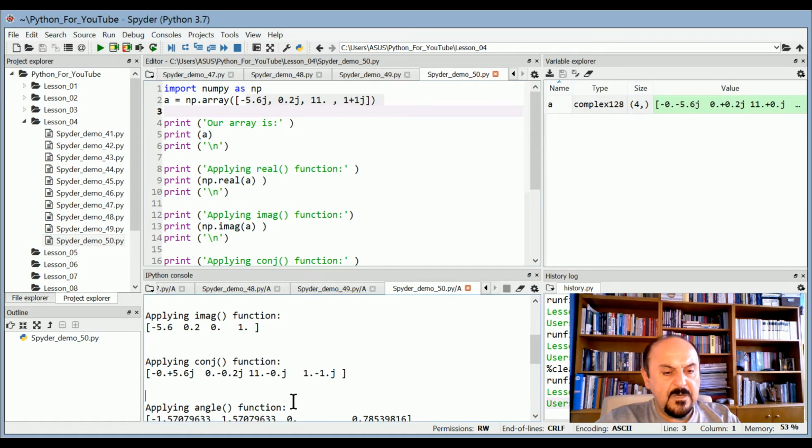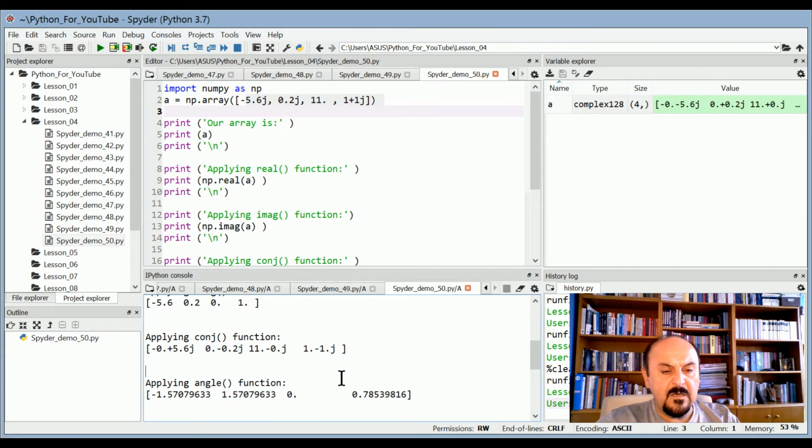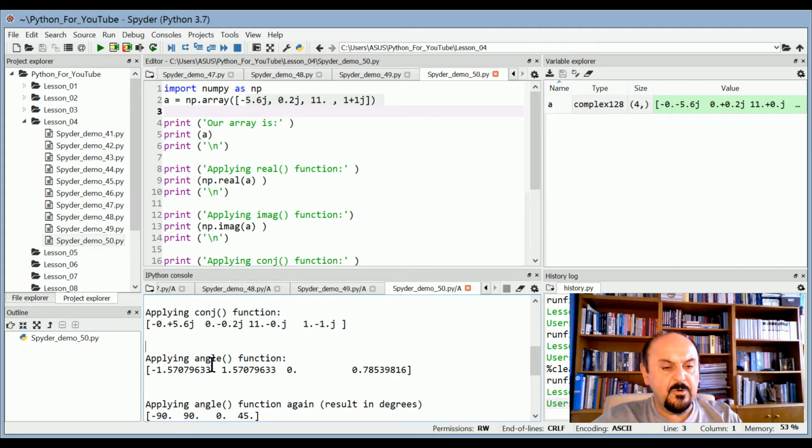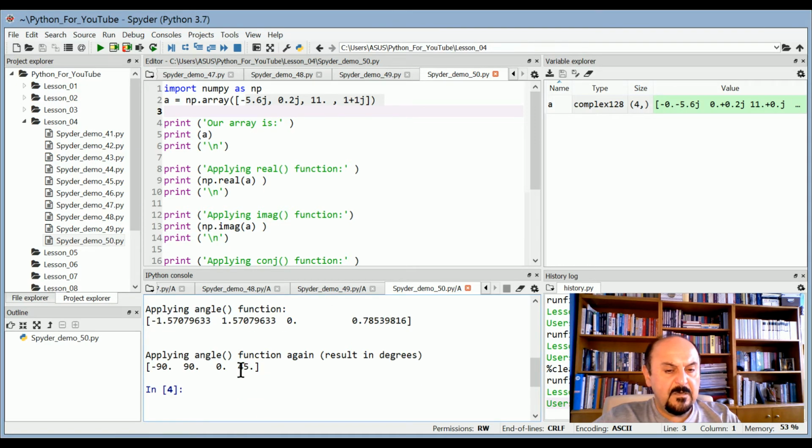Just after that we can return it to polar form rather than rectangular form. In order to change it to polar again, we use the angle function, and these are the angle values. However, they are in radians, and we would like to change them to degrees.